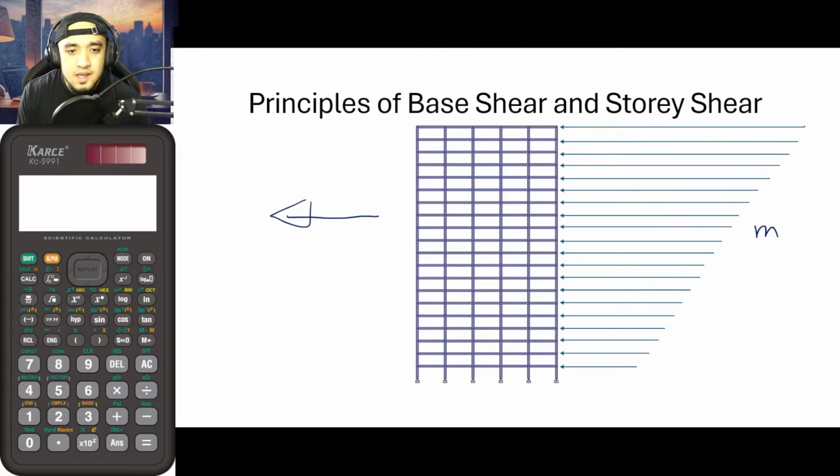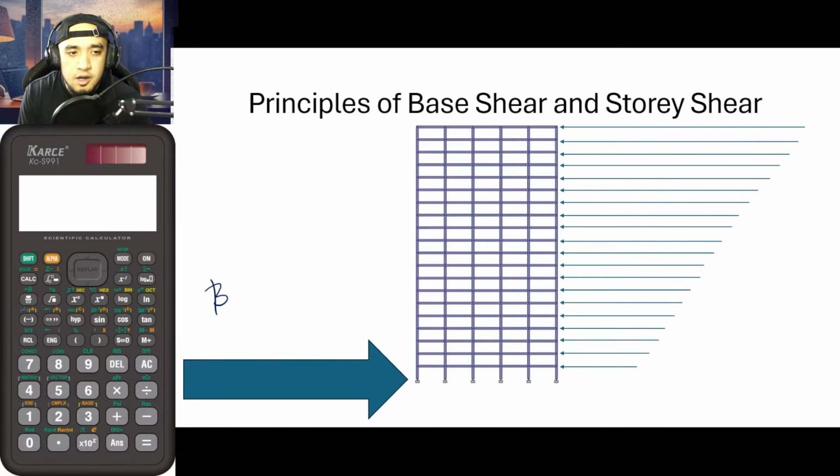Okay, but since the lower columns would be embedded into the ground, as you know, we embed it into the ground to connect it with the foundation, we would now have a horizontal support reaction at the level of the ground or the base. And from that, guys, if we solve for the resultant, or the horizontal support reaction at the base, that is what we call the base shear.